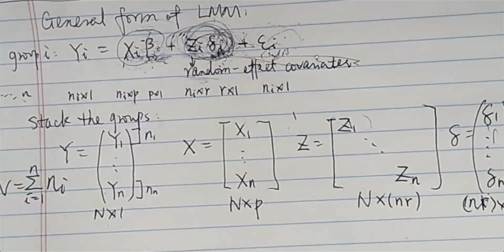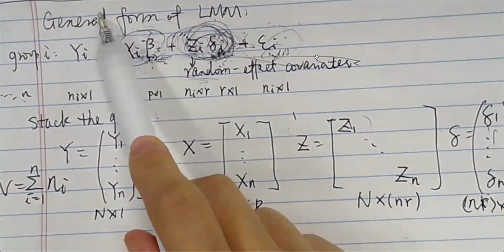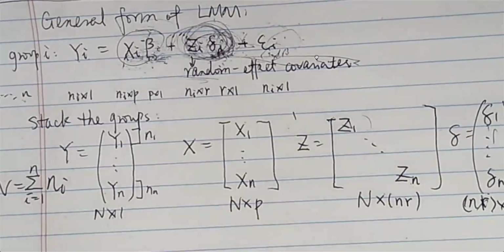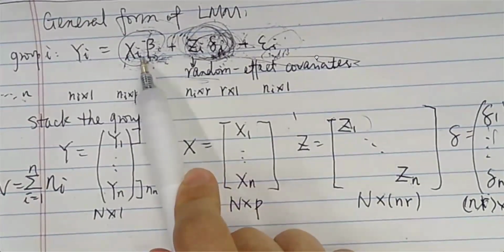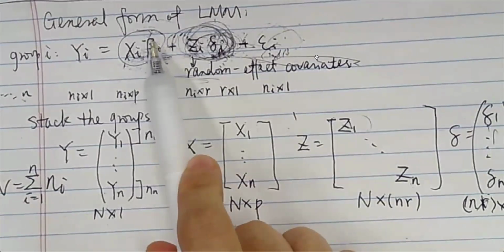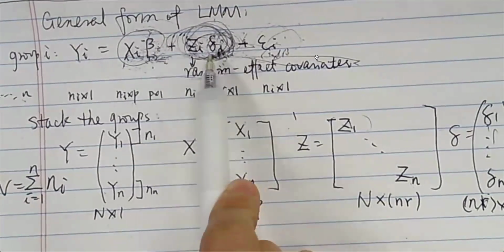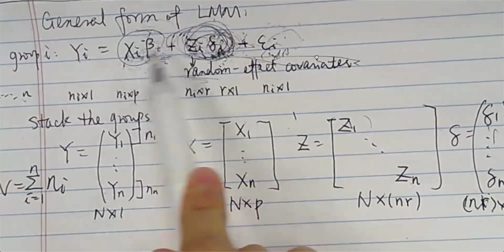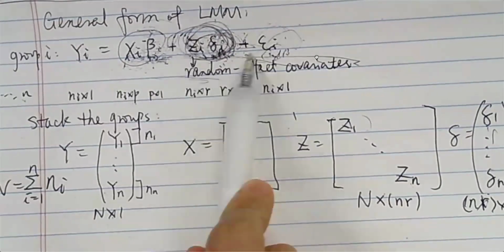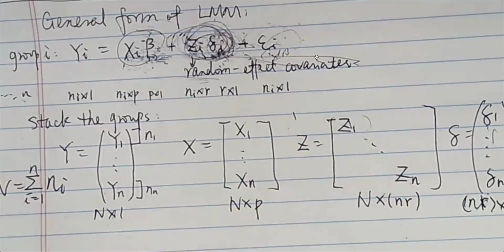That means I have better power for deciding whether beta is 0 or not. So that's why practically using the linear mixed model instead of the linear model helps you get better power when you want to do tests about beta. Even though it's the same beta, we use the knowledge of the group structure to help us do a better variance decomposition.